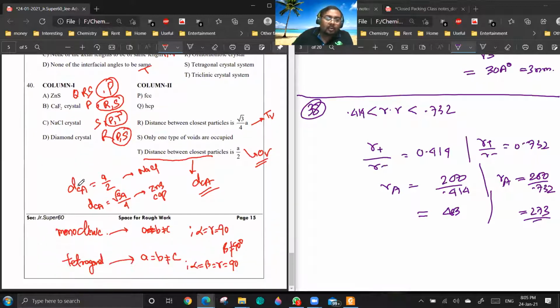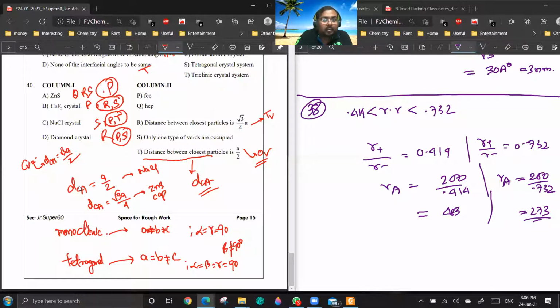If it is cubical voids, then what will be DCA? It will be along the body diagonal. So DCA will be root 3a by 2. So for diamond crystal, R is given because it is in tetrahedral void.